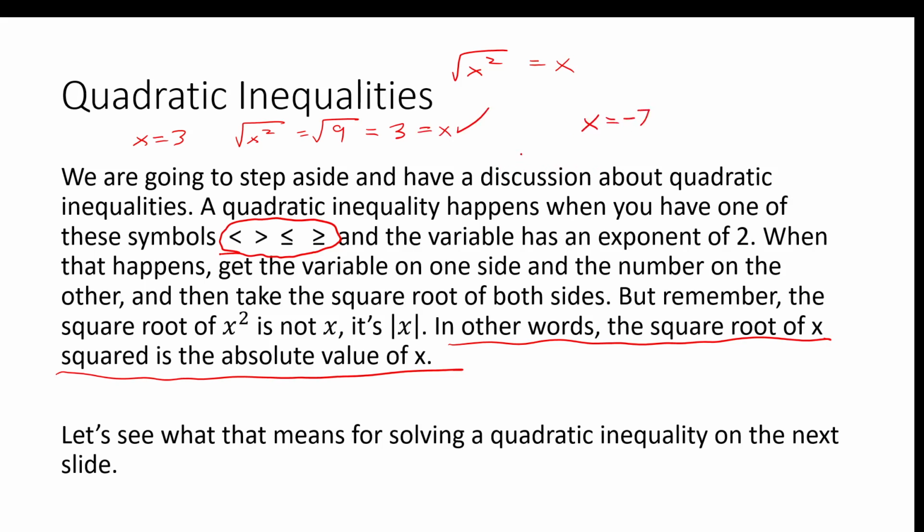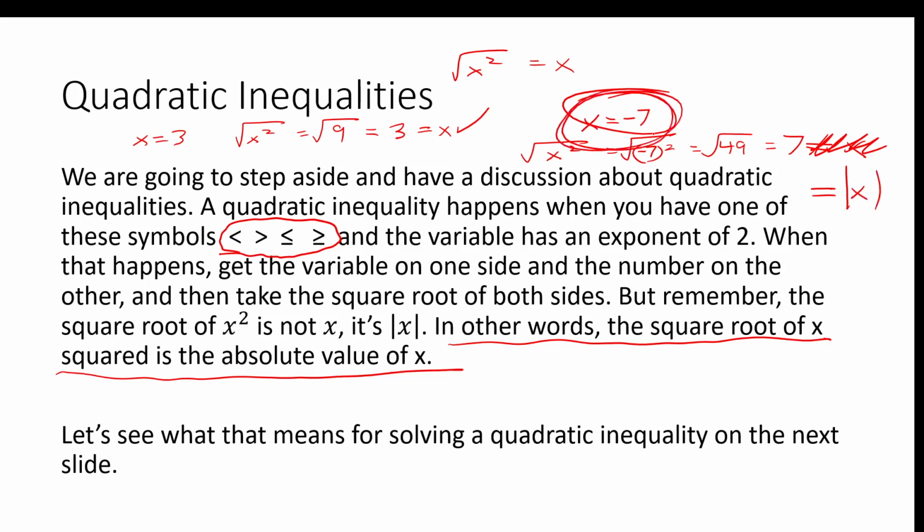Well, then the square root of x squared would be the square root of negative 7 quantity squared, which would be the square root of 49, which would be 7, which would not be x. X is negative 7. However, that 7 would be equal to the absolute value of x, because I think we would all agree the absolute value of negative 7 is 7.